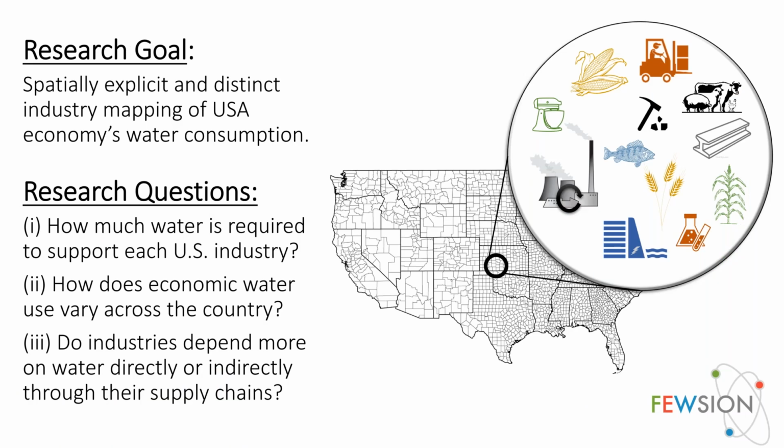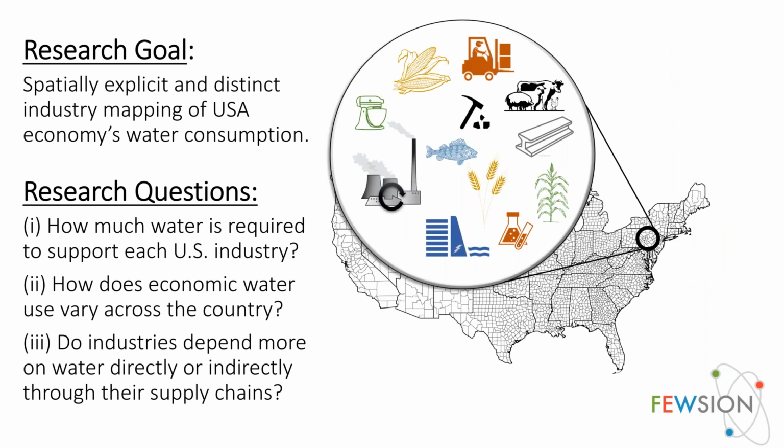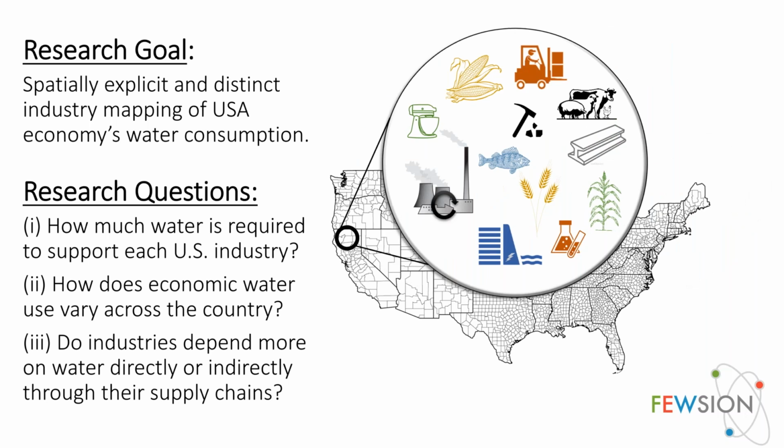And so the research goal, our motivation behind this, was to create this spatially explicit and distinct industry mapping of the U.S. economy's water consumption. And the three main questions we had in mind were, how much water is required to support each U.S. industry? The second one is, how does economic water use vary across the country?